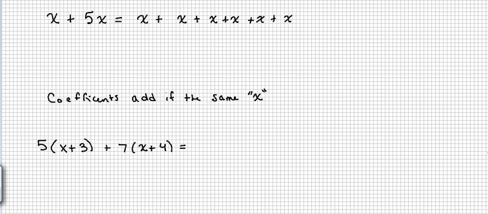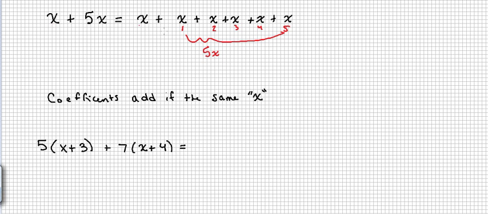Okay, so now we have this question. X plus 5x. And like we said up there, this 5x, we don't know what x is, but at least we know that it's being added to itself 5 times. So we're going to group this here. That's 1, 2, 3, 4, 5. So this will be coming into 5x.